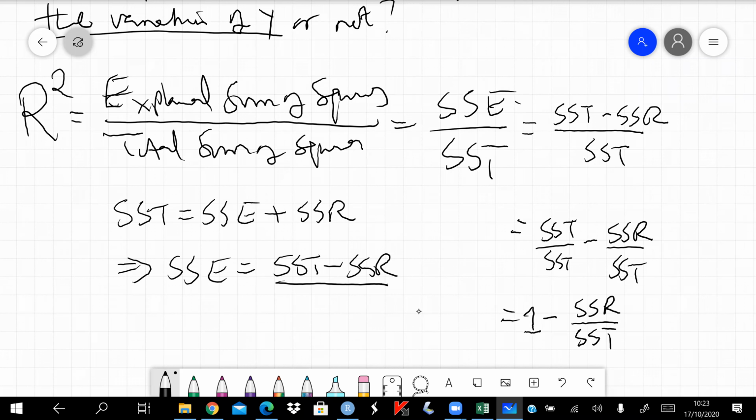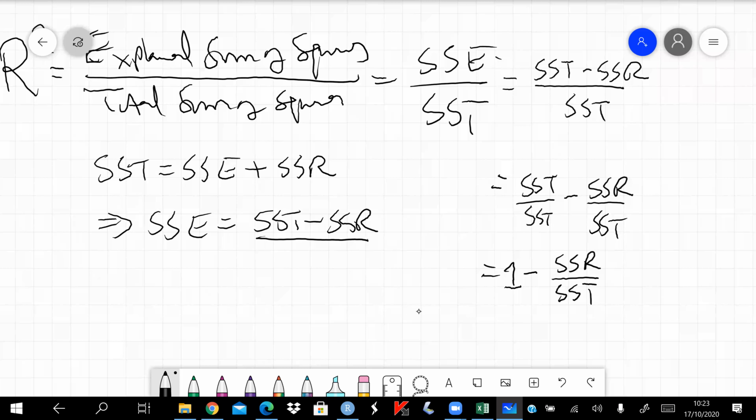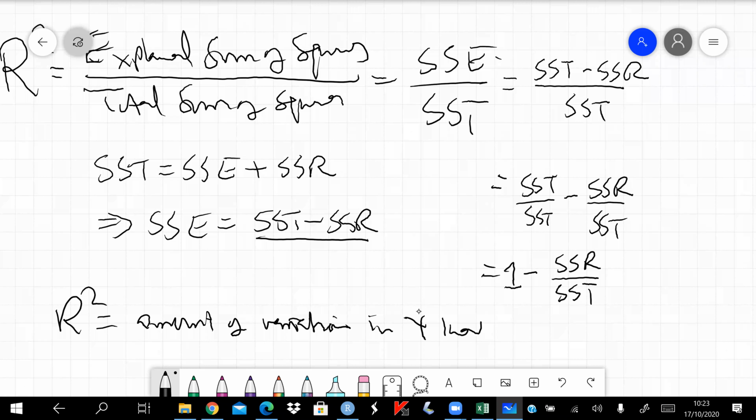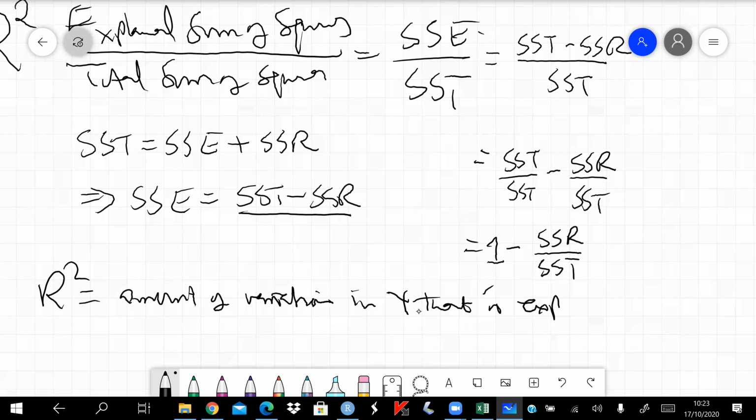So R squared is the amount of variation in Y that is explained by the model.